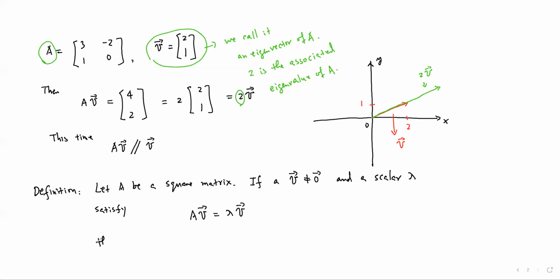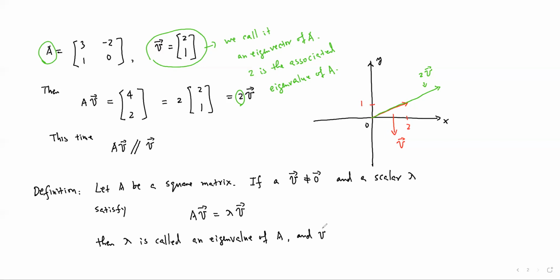then lambda is called an eigenvalue of matrix A. How about the vector V?